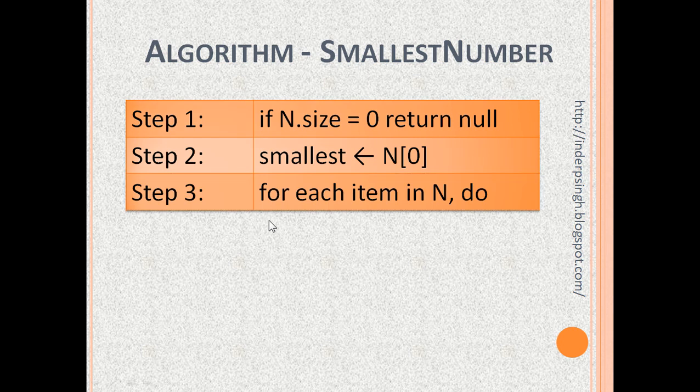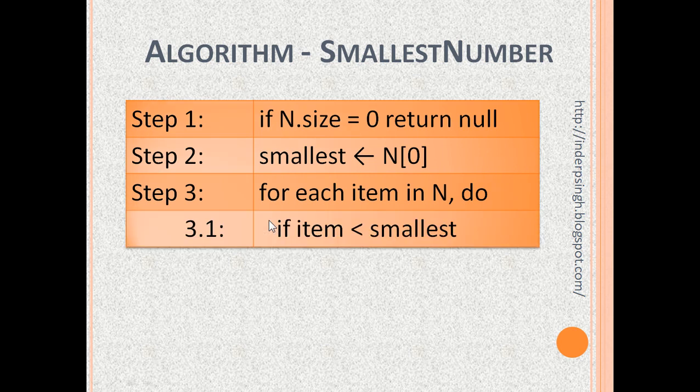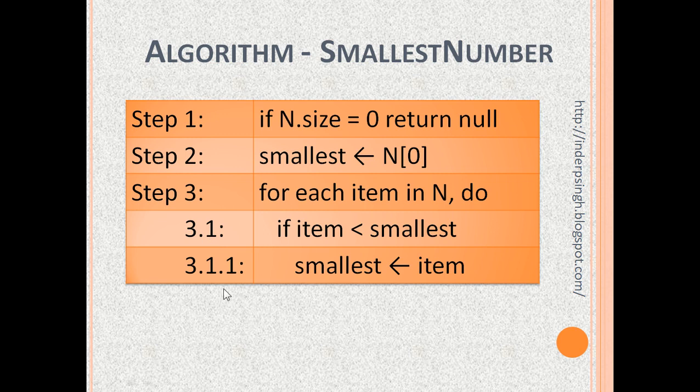Step 3. Loop through each item in the list n. Step 3.1. Check if the current item is less than smallest. Step 3.1.1. If yes, meaning if item is less than smallest, assign item to smallest.